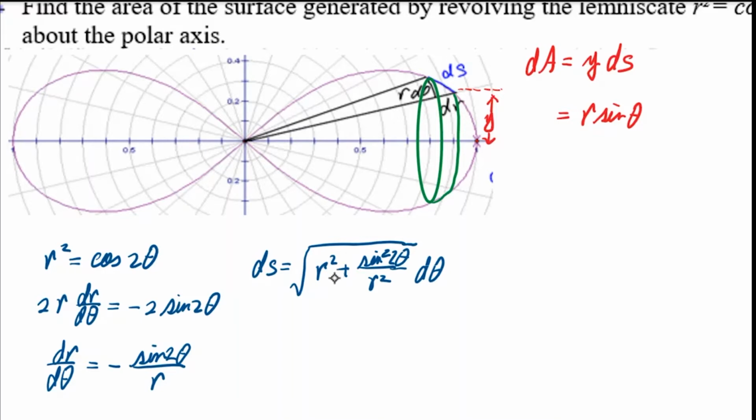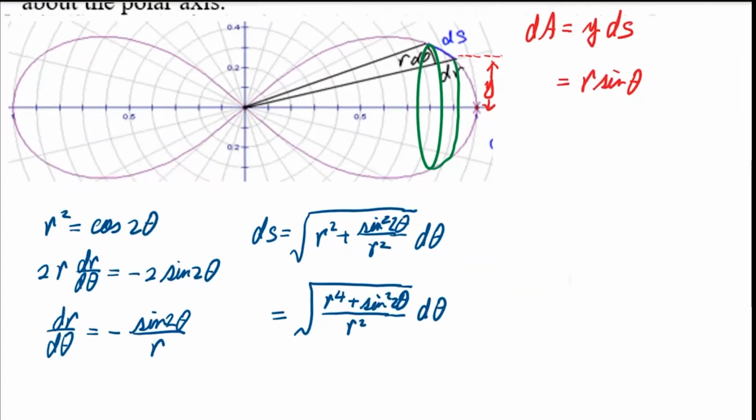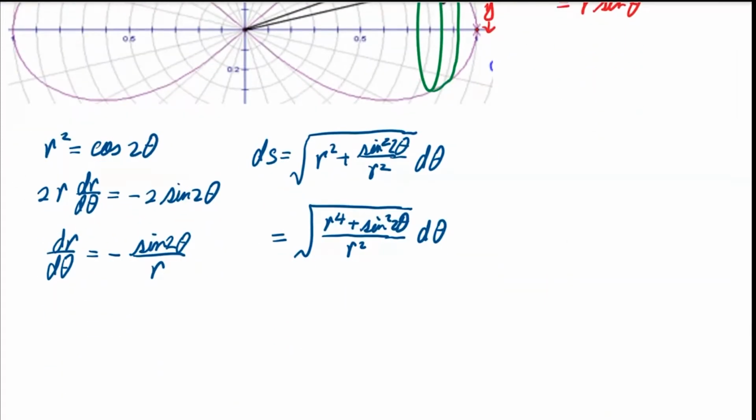Okay, do you want to substitute that r in now? Nope, wait. Common denominator. Common denominator, of course, is r squared, right? So we have r to the 4th plus sine squared 2 theta. Now you substitute.